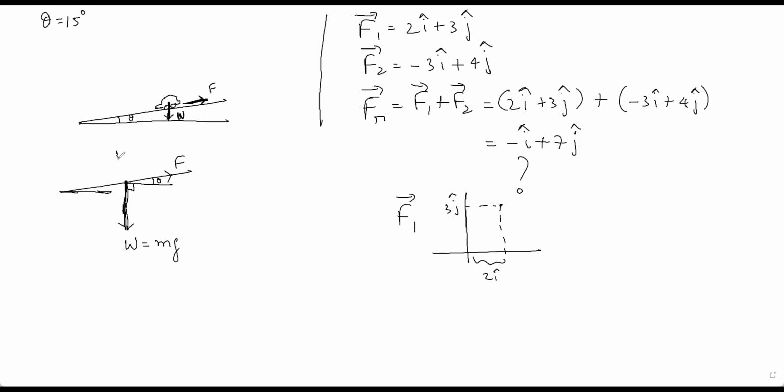The normal one, do you get that? That will be the reaction which the surface will give you, because the car is not penetrating the inclined plane and going down.